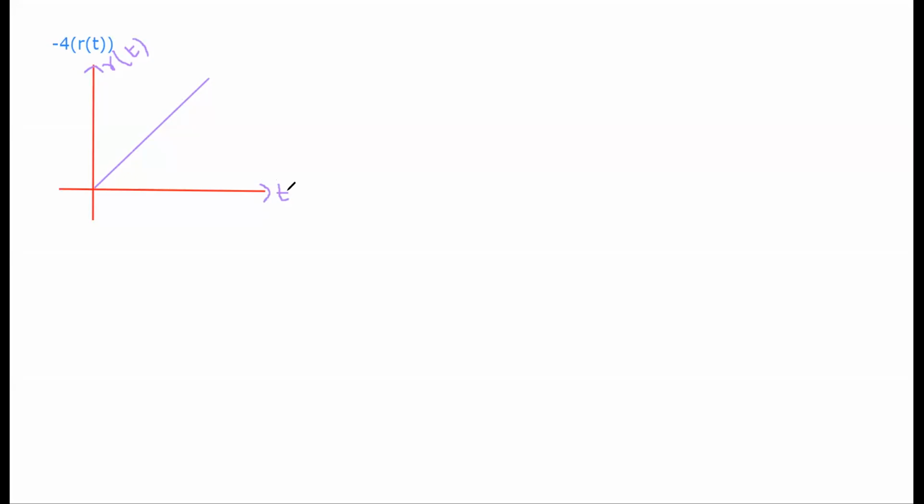Yeah, this is a ramp function. And what is the operation involved here? Minus 4 into r of t. What does it mean? Which operation should be performed? Amplitude scaling. Since it is minus 4, can we draw it above the x-axis or below the x-axis?